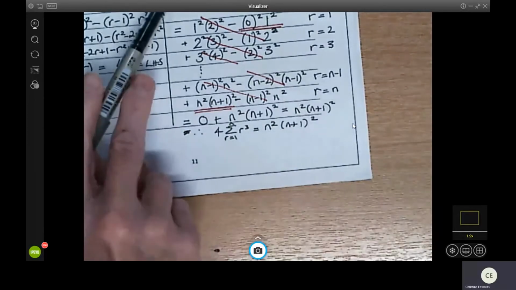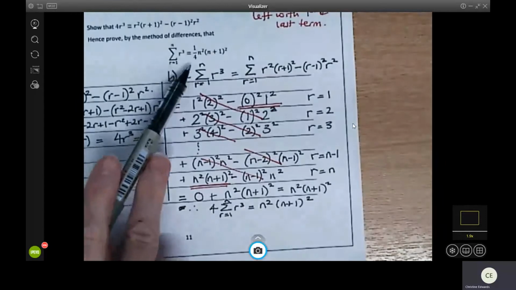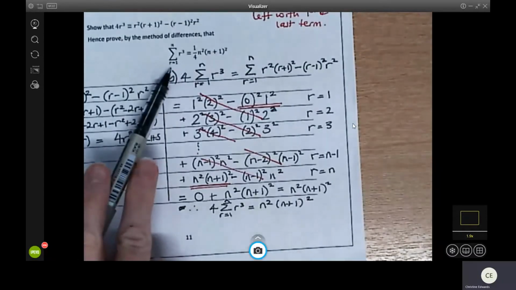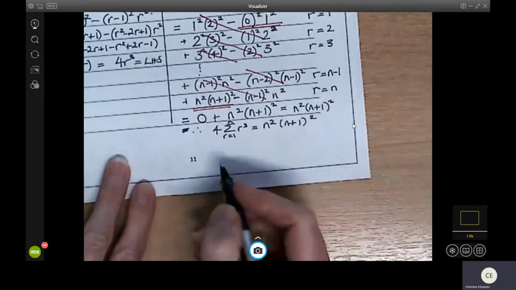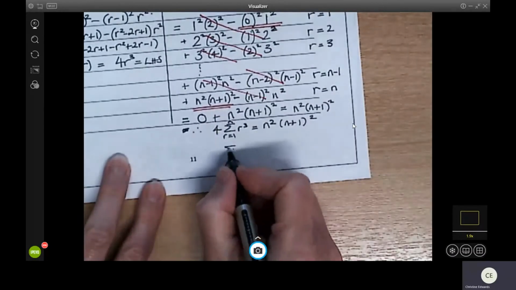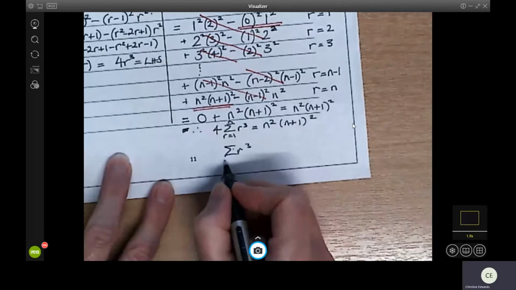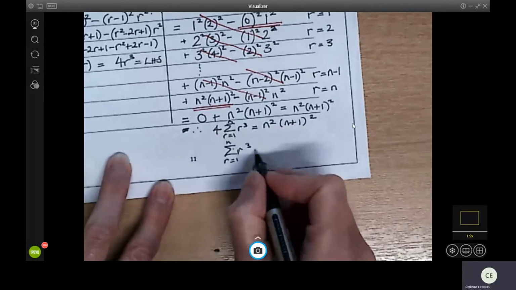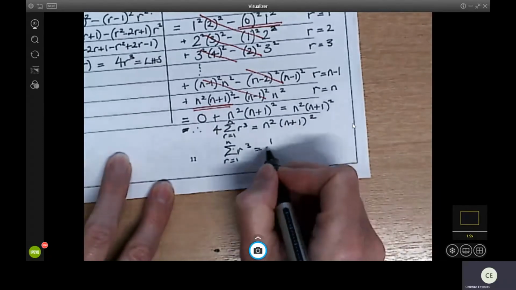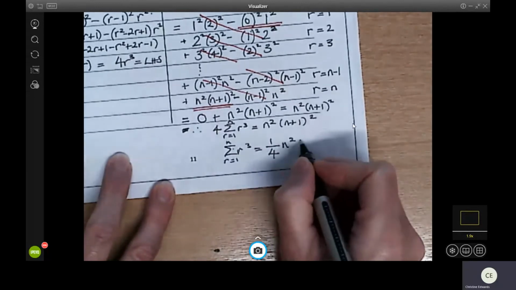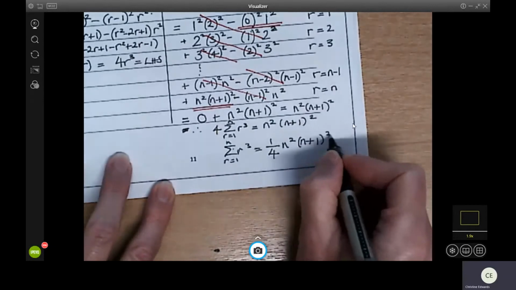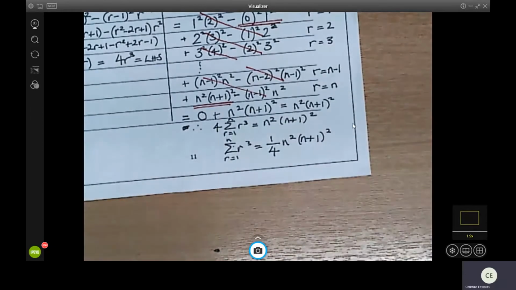Now, the question that I was asked at the top of the page was just for the summation of r cubed. So I need to adjust my answer to be the summation of r cubed between r equals 1 and n. I'm doing that by dividing through by the 4, which means that I have the result one quarter of n squared (n plus 1) squared, which is what I was asked to show.